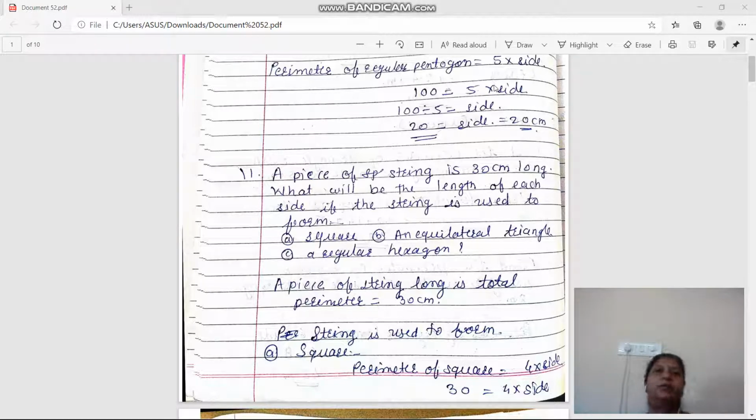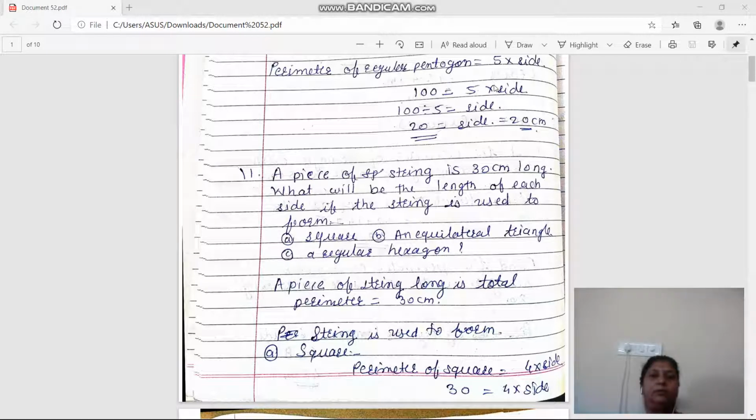So one piece of string is formed into three types of geometrical shape: first a square, then an equilateral triangle, and then a regular hexagon. Of course we know all the formulas for that, so it is easy for us to calculate the side if we change the geometrical shapes, right?